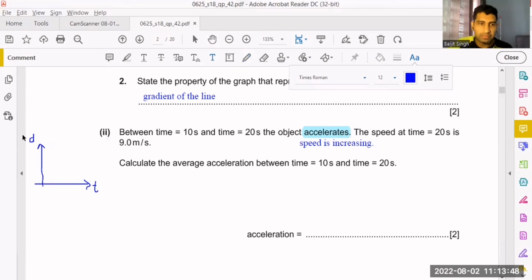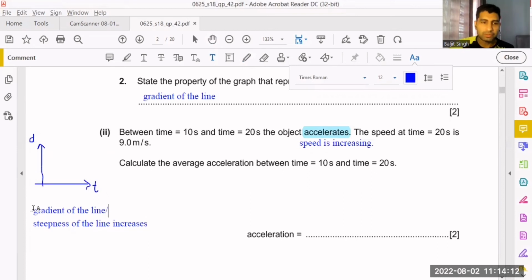And from the distance versus time graph, if the speed is increasing, that would mean that the gradient of the line, or you can imagine it as the steepness of the line, increases.